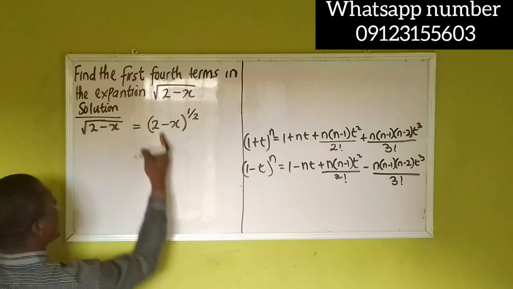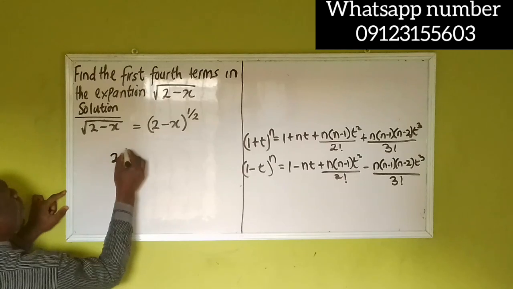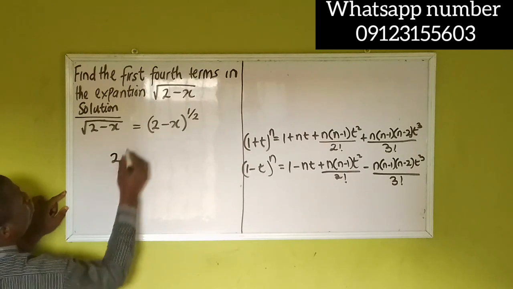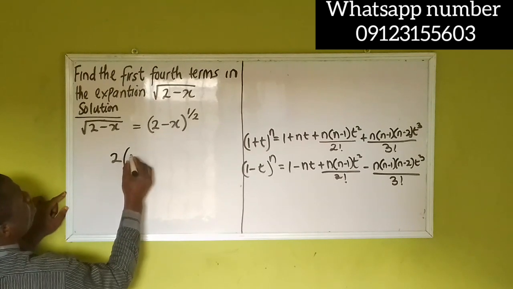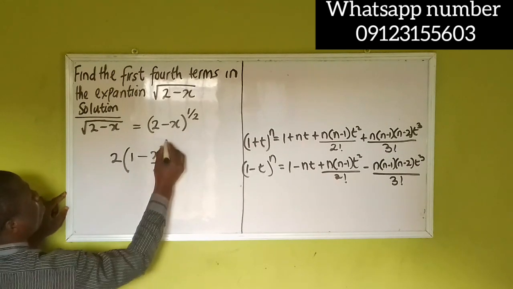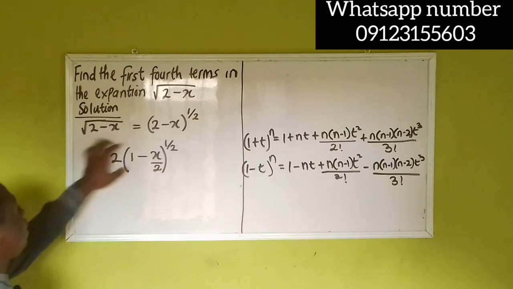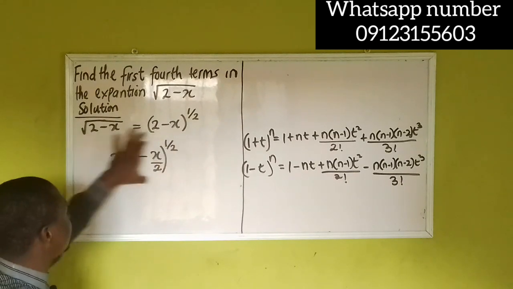So if I do that, I can write this as 2 into 1 minus x over 2 to the power of 1 over 2. Do you agree with me? I can write all this as this.